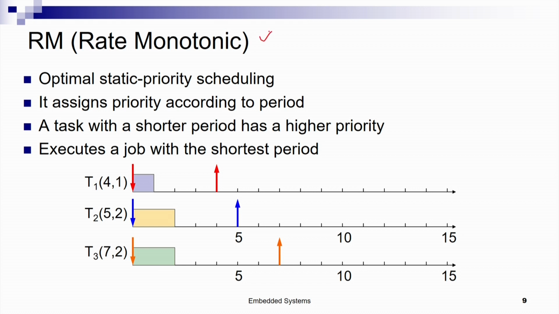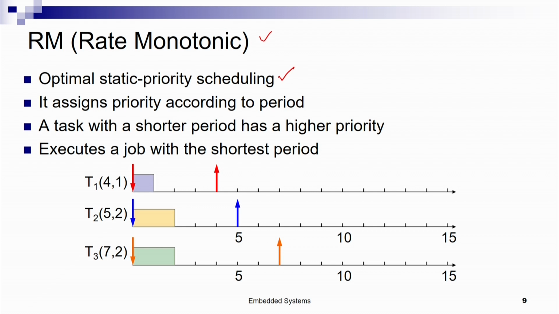As we said, it is a static priority algorithm and it is an optimal static priority algorithm, which means that given all static priority algorithms, if there is a task set which can be feasibly scheduled meeting all deadlines by any static priority scheduling algorithm, RM can also schedule it. Therefore, RM is optimal.